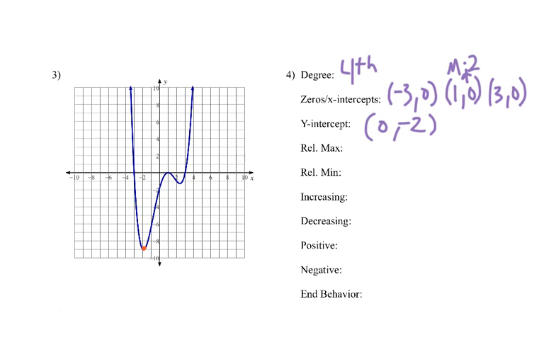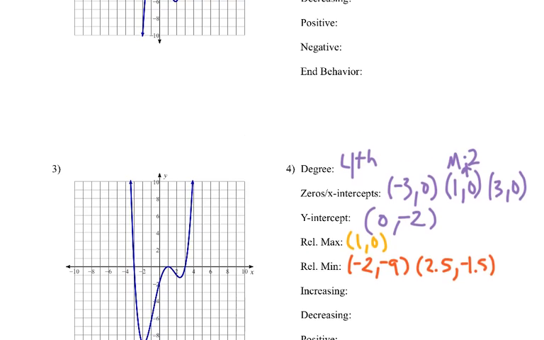I'll call that -2, -9. Then it looks like we've got another minimum right here. We'll call that 2.5 and about -1.5. And then we have a maximum right up here. So that would be 1, 0. Okay, so minimums and maximums, pretty straightforward.